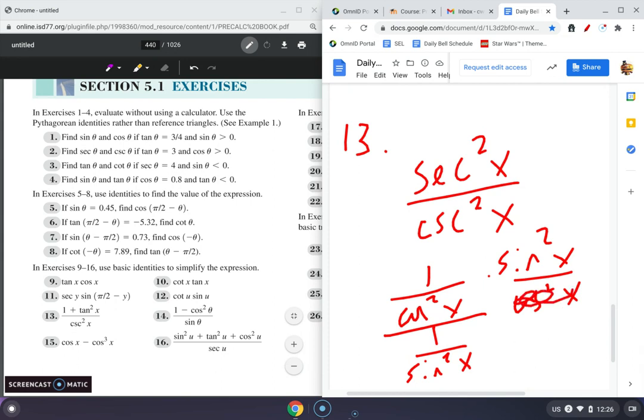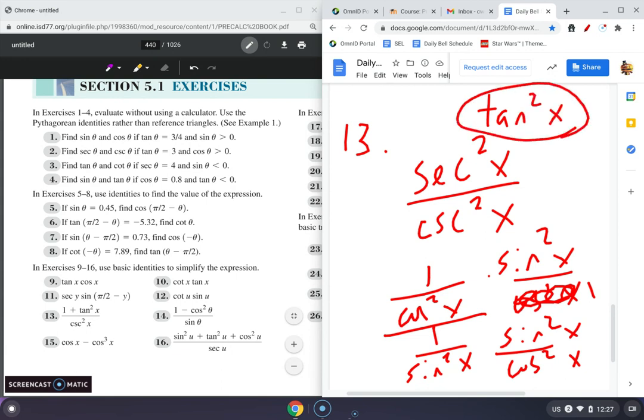So that would be sine squared x over cosine squared x, which can be reduced. Sine over cosine is the same thing as tangent. So your final answer there would be tangent squared x. So you just want to work it down and simplify it as best you can.